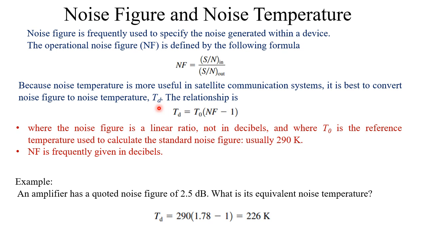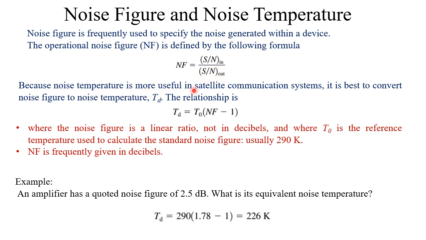So noise figure and noise temperature are basically representing the same noise power in two different ways. Noise figure can be defined in this way: it is the ratio of the available signal to noise ratio at the input side to the signal to noise ratio at the output side.